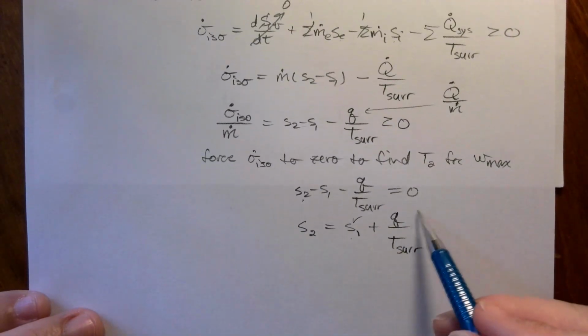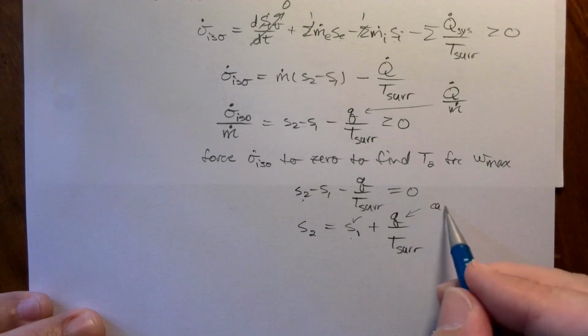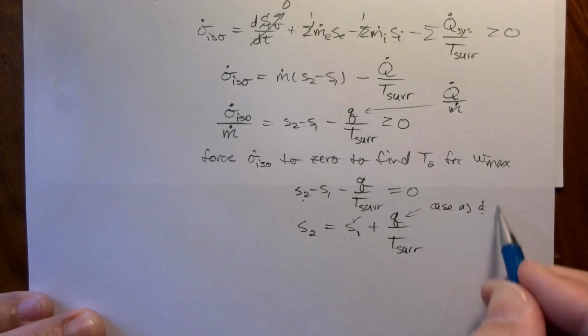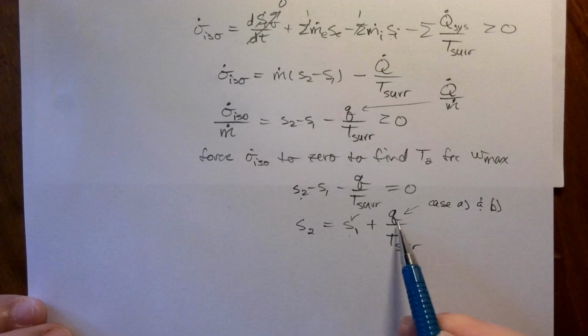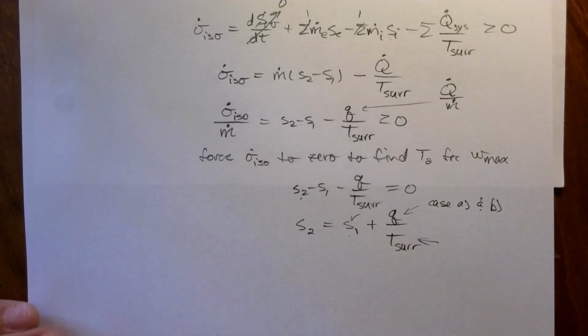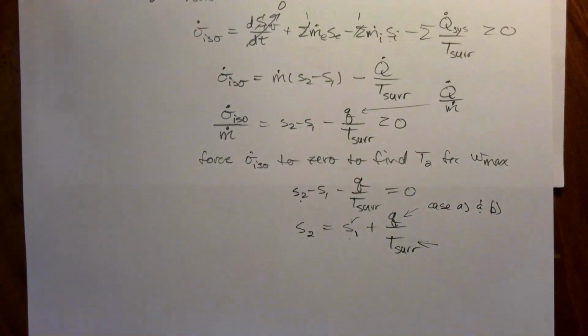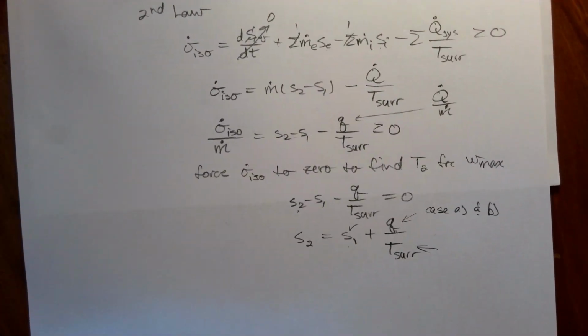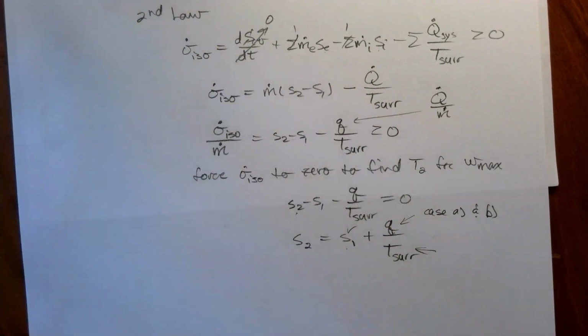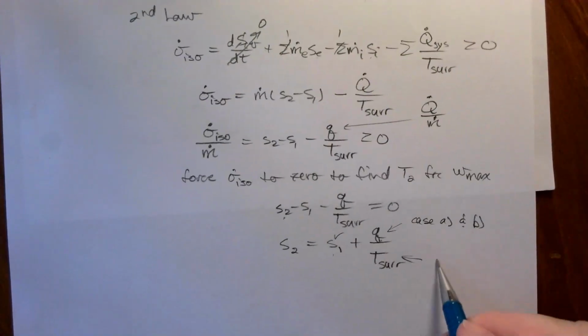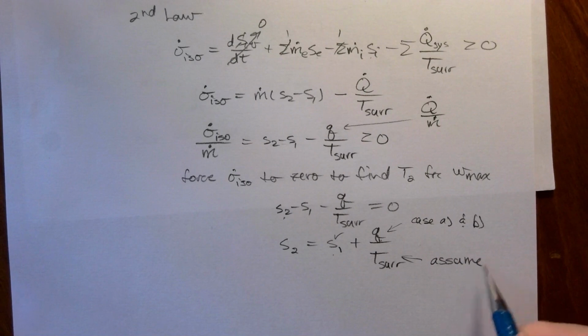Q, we have a case A and a case B, two different situations for this, and we now need a temperature of the surroundings. So what did they give us for a temperature of the surroundings? I don't even think they gave us a temperature of the surroundings. So we'll just have to make an assumption. Let me use the numbers that I used here.